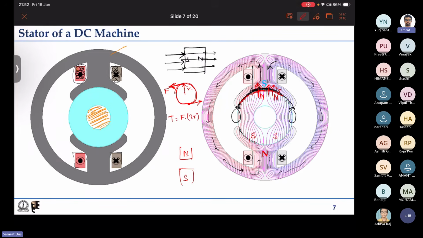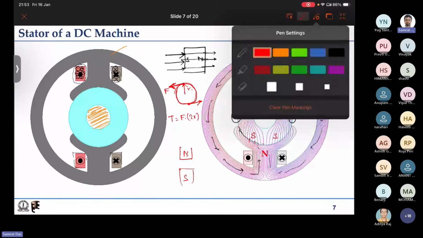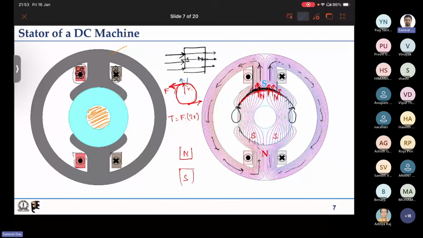But in this case, we are having some force in the radial direction. Similarly here in the radial direction. So this does not lead to any couple production or any torque production. That is why, if we only excite the stator or the field winding of a DC machine, it will not rotate.